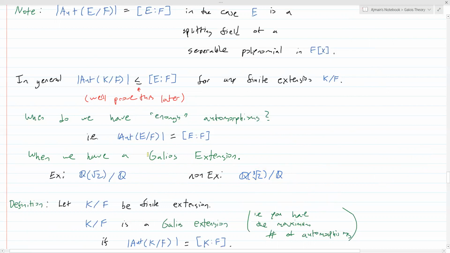Later on, we're going to see that Galois extensions are basically splitting fields. If you have a Galois extension, you can write it as a splitting field of some separable polynomial, but we're going to prove this later on.